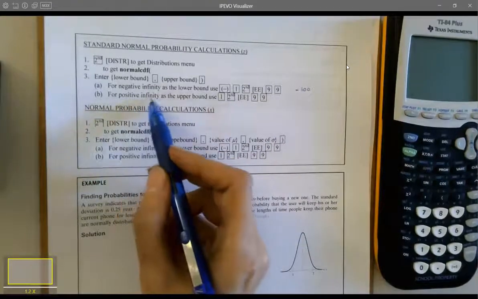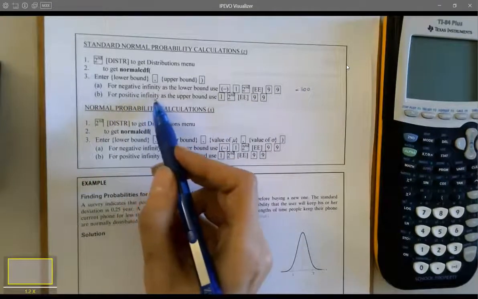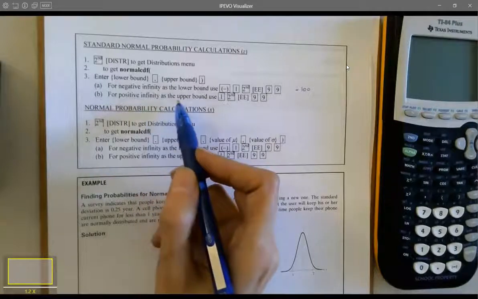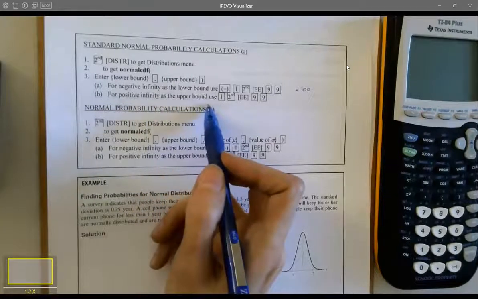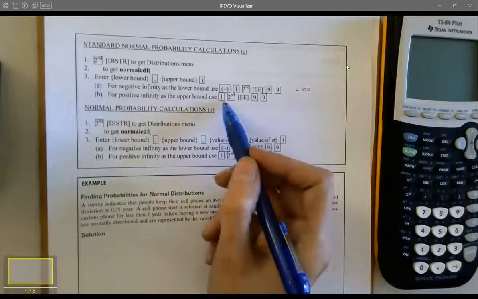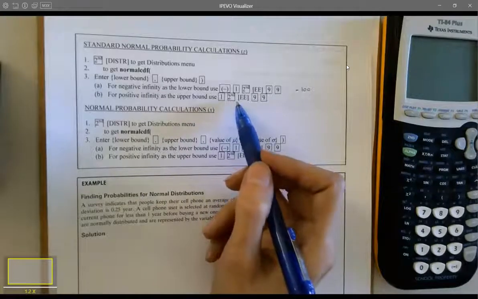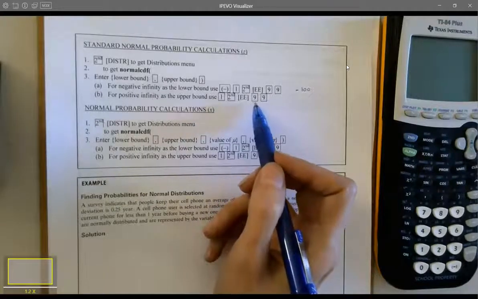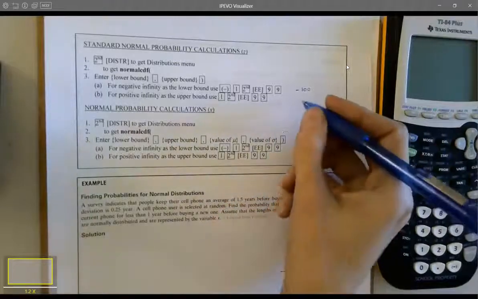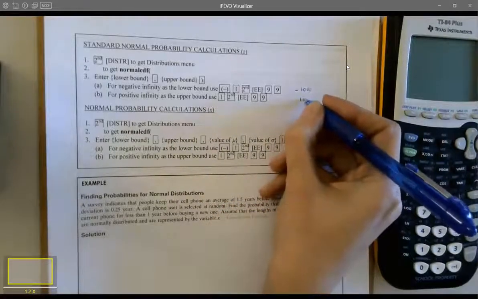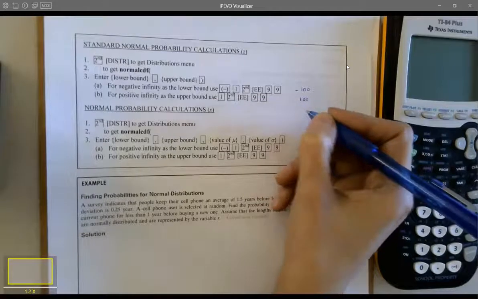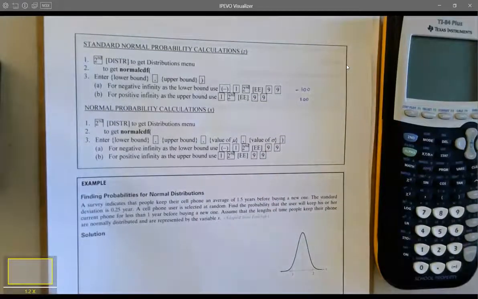For positive infinity, a very large positive number as the upper bound on the right-hand side, we can use 1, second, the exponent, 9, and the 9. Or equivalent to that, you can use 100, 1,000, or any large number.